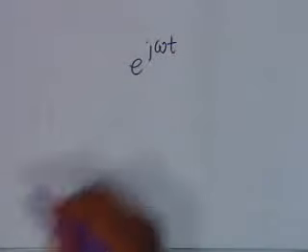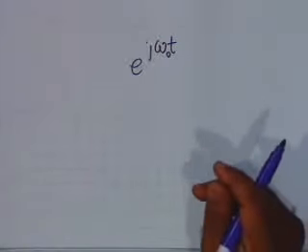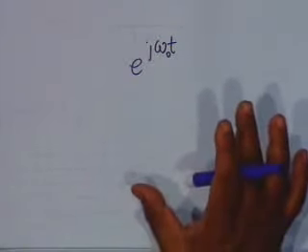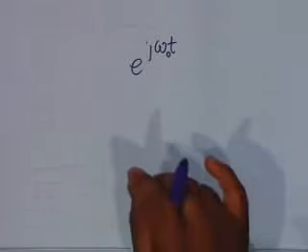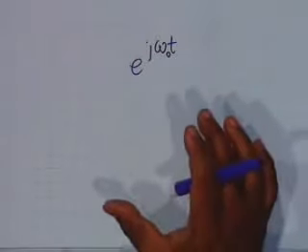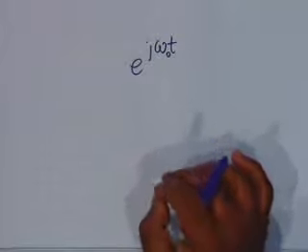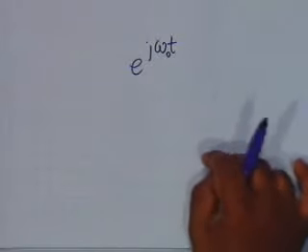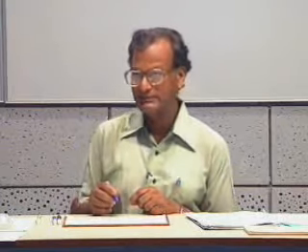The real part is cosine omega 0 t, the imaginary part is sine omega 0 t, and therefore instead of delta t, u of t and r of t, we could work in terms of an exponential signal. The exponential signal takes into itself both categories, that is sine as well as cosine. These are real signals. If it is a complex signal, a combination of sine and cosine, this is good enough.